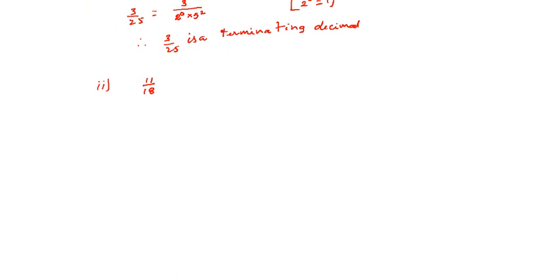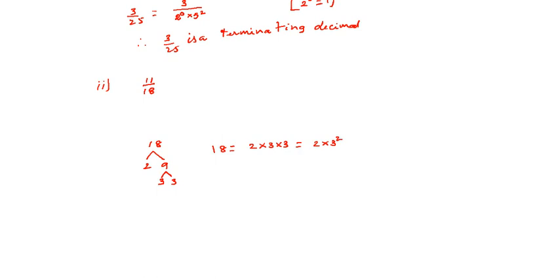Hence, 18 may be divided into prime factors. 2 nines, again 3 threes. Then what you get? 18 is equal to 2 into 3 into 3, that means 2 into 3 square.